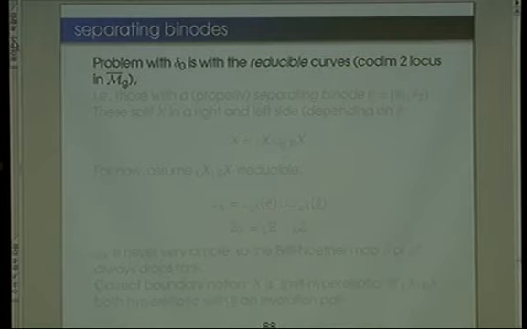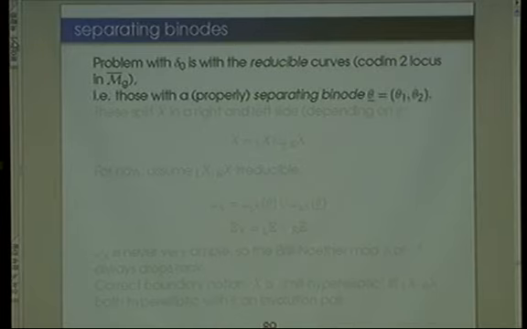It is the reducible curves, which are in lower dimension, higher codimension in delta zero. It's there that the problem lies. And specifically, the difficulty comes from what I would call a properly separating binomial.